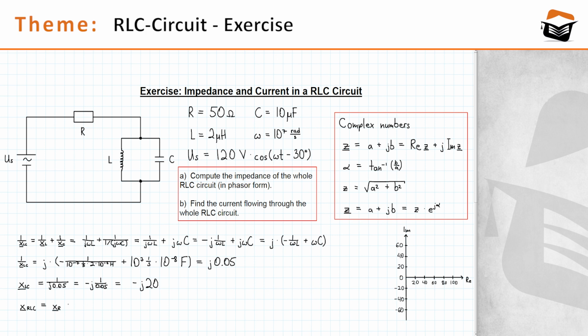XR, the resistance, plus XLC. And here you can just add the numbers. XR, where the resistance is 50 ohms. I will leave out the units for convenience because we're dealing with complex numbers. Minus J20.